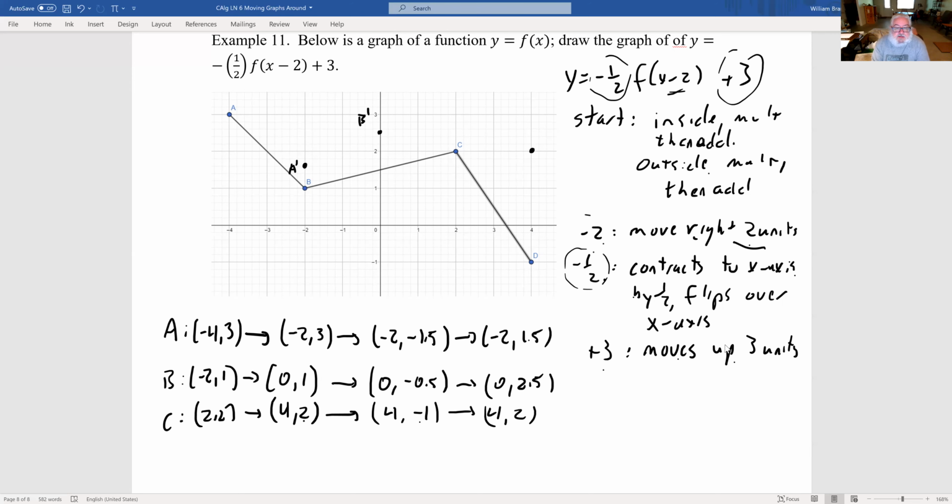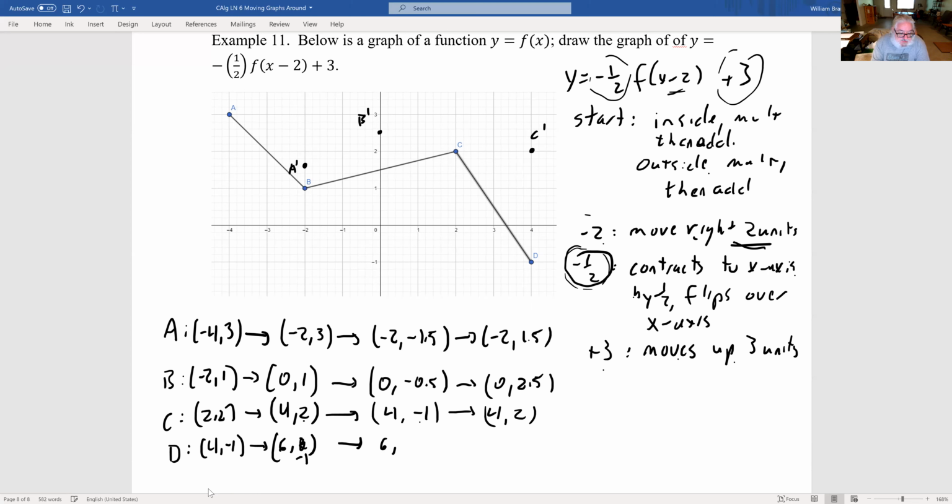And clearly I didn't leave enough space for wherever D is going to end up. And D starts out at 4, minus 1. Move right 2 units, so that's adding 2 to the x coordinate. Minus 1/2 times the y coordinate. Oh, this should be a minus 1 still.